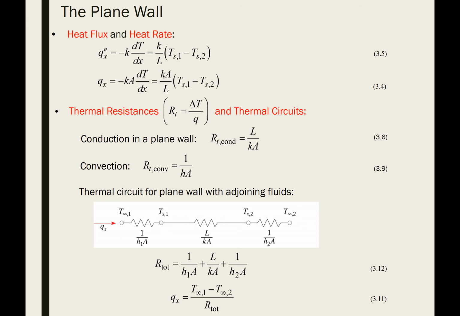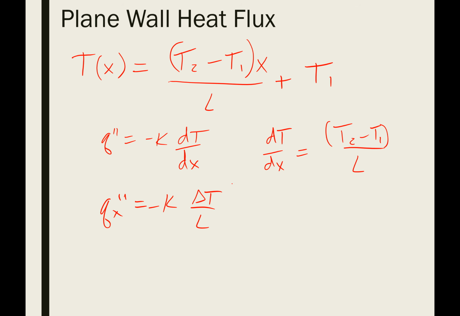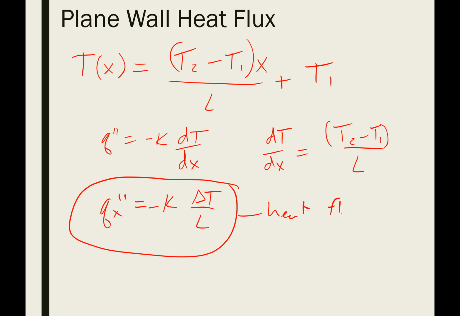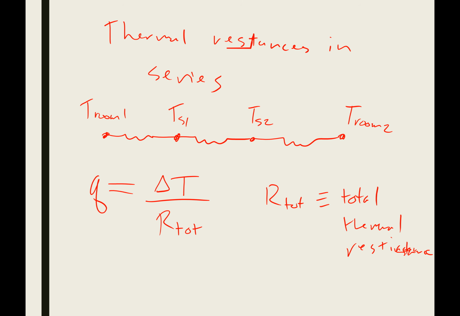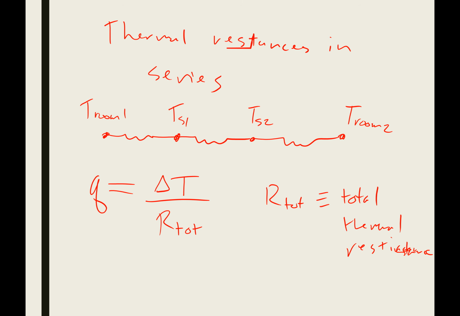And actually, for a plane wall, we just used Fourier's law. So this is the heat flux through a plane wall with those assumptions that we have talked about repeatedly. If we wanted our total rate of heat, that would just be minus k times delta T over L times the area of our wall.